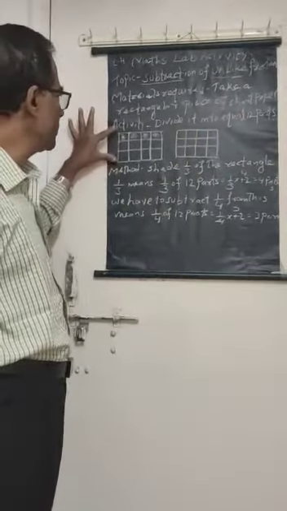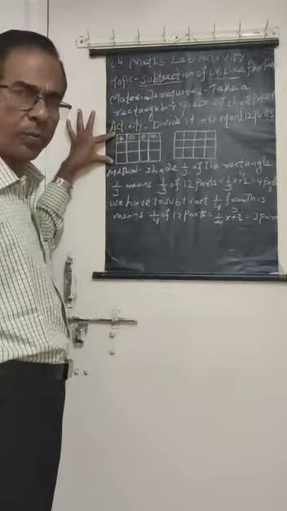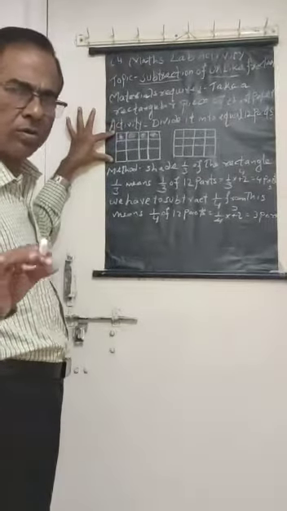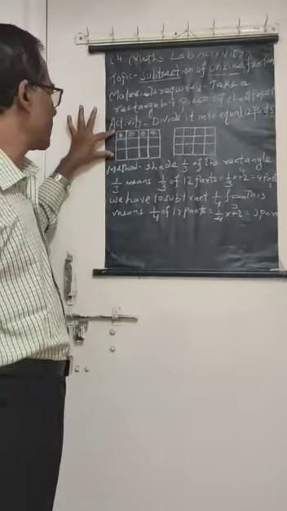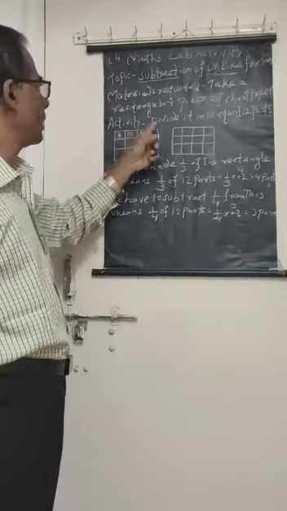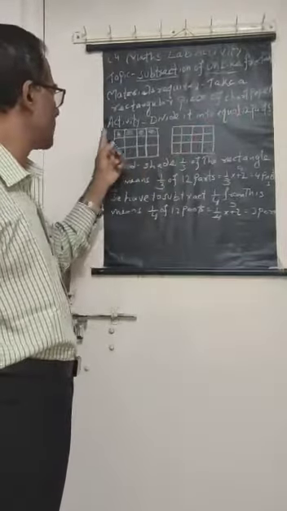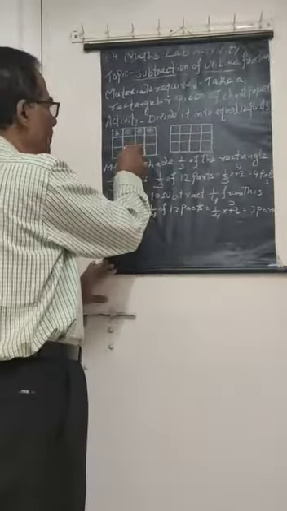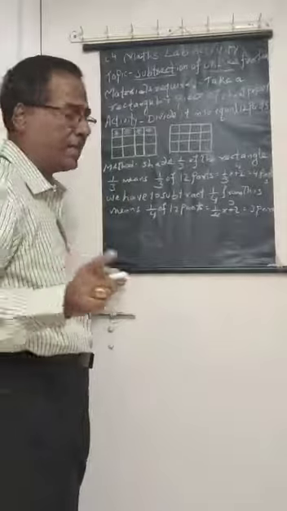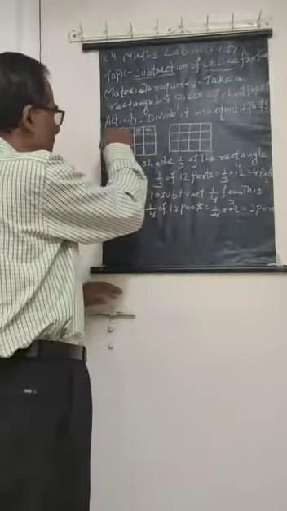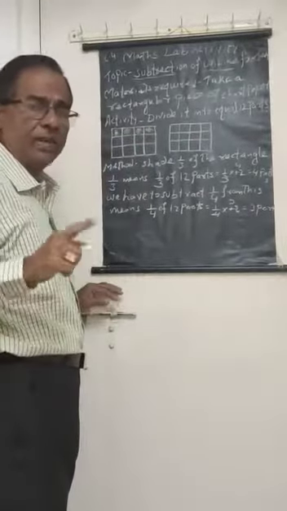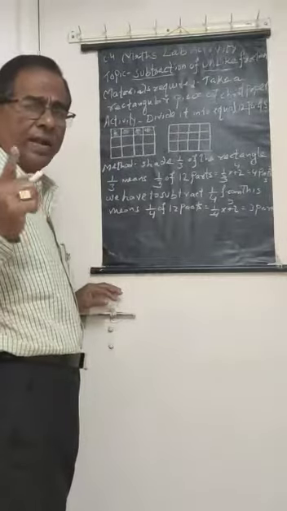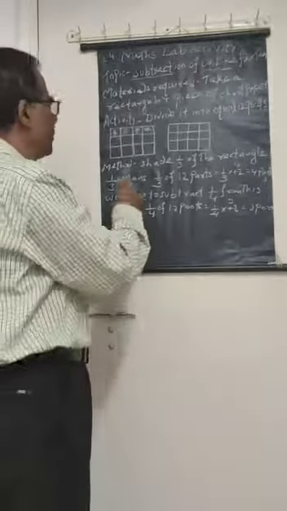This is your rectangular piece of chart paper, or draw in the class notebook only, and divide it into equal 12 parts. It is nice if you take this side 4 centimeter and this side 3 centimeter, then it is very easy to divide and you will get it correct.